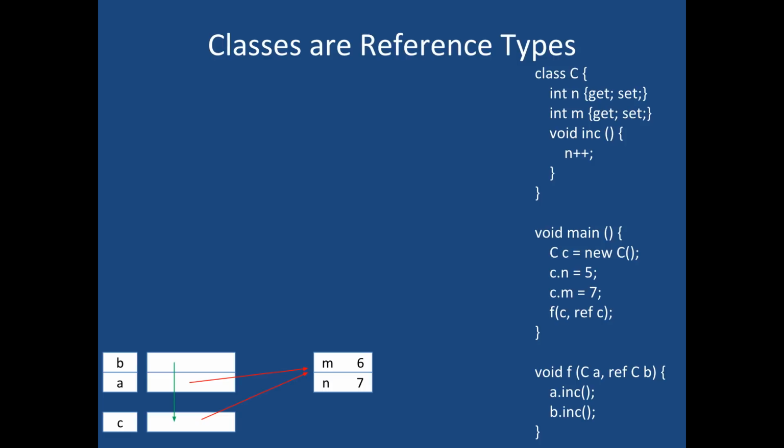If you were to create a new C object and assign it to B, so if this method here said B gets new C, you would create a new object on the heap, and then the new reference would be stored right here. So that's the reason to pass a reference object by reference: if you want to let the method change what reference is stored in that variable. Okay, there were a couple other hands up.